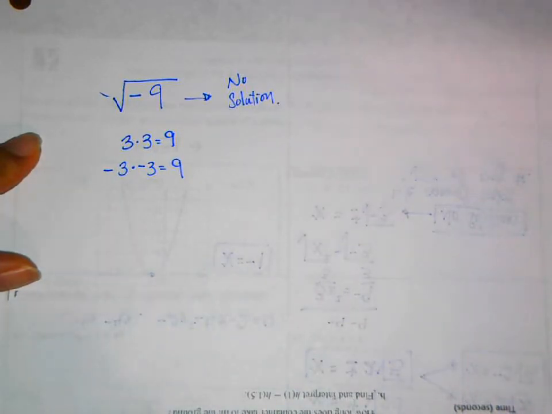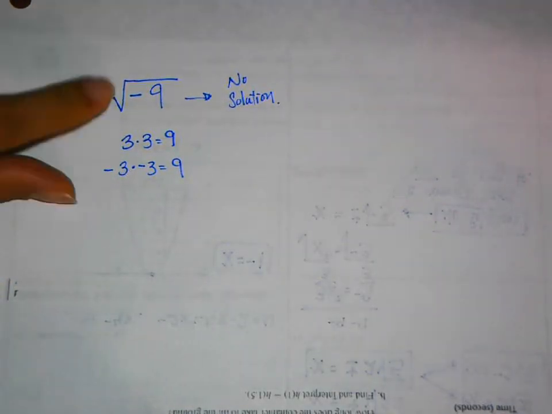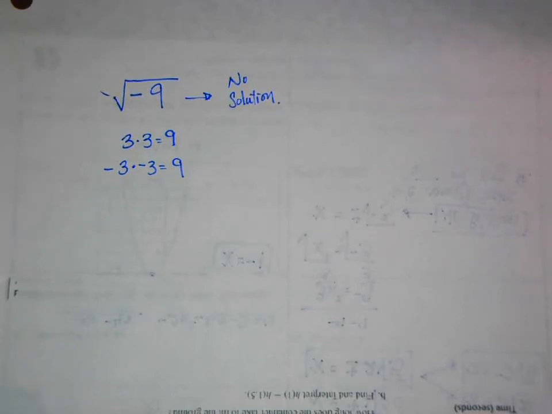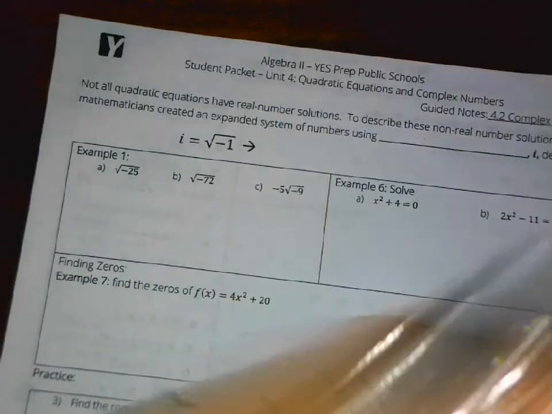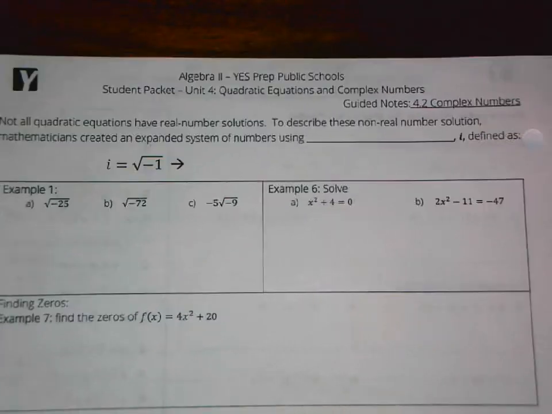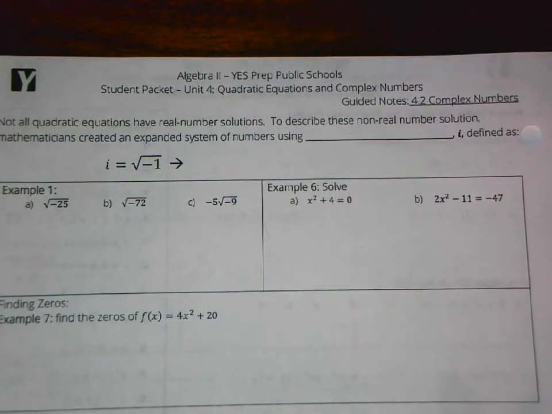What I'm going to tell you today is there's actually a whole other set of numbers that represents the square root of a negative number. And that is what we're doing on our notes for today.